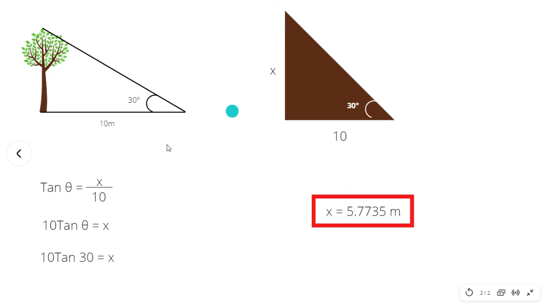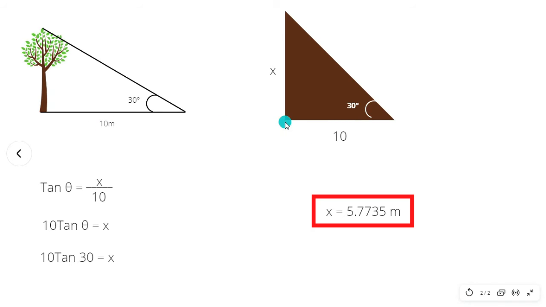Okay, as we can see here, we have our original diagram of the problem, and with this we draw our right triangle, that is this one here. X is the height of the tree that we want to calculate, and this side of the triangle is equal to 10.